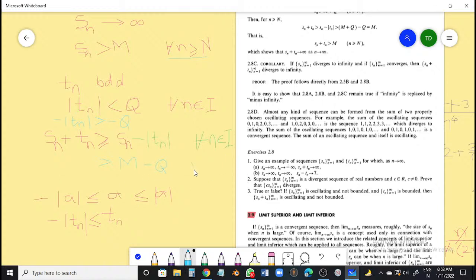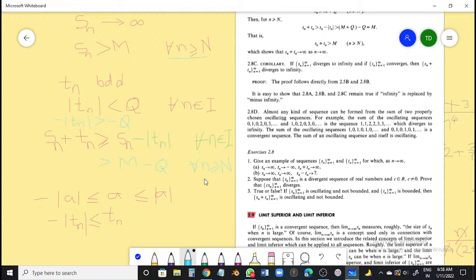I have to apply this for all n greater than or equal to capital N, because this particular inequality was for all n's and m is only after crossing N.